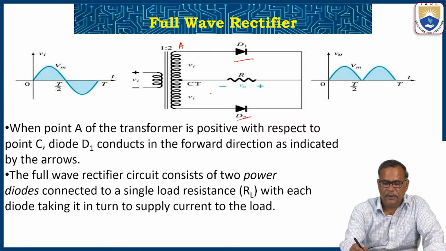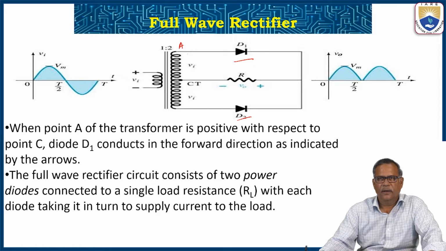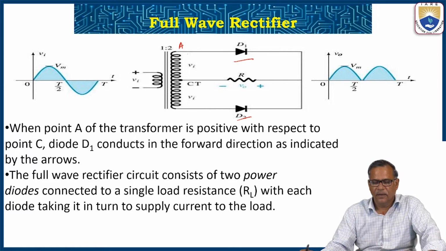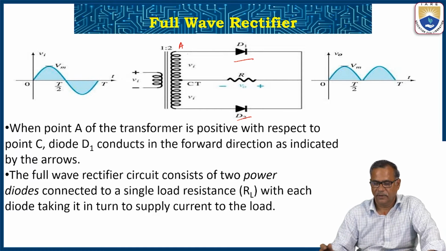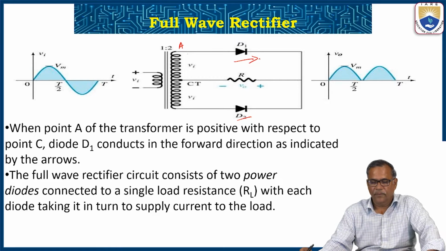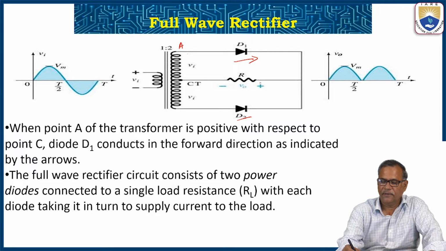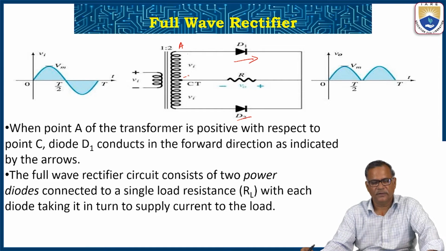Point A is positive during the first half of the cycle, so current flows in the forward direction, through the resistor, and reaches the ground point at the center tap of the transformer.